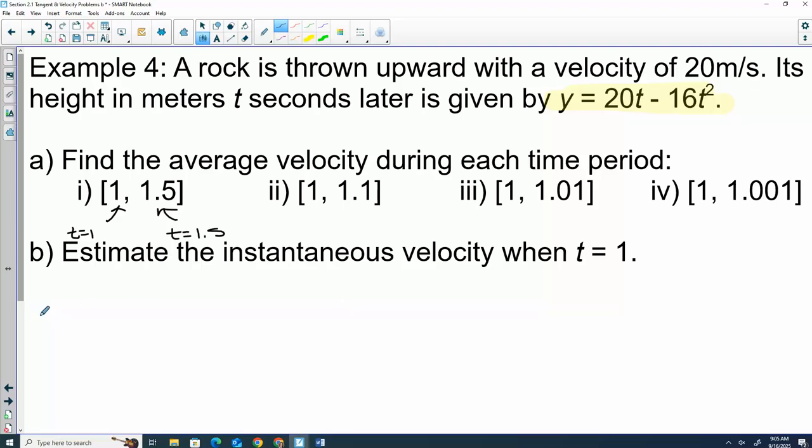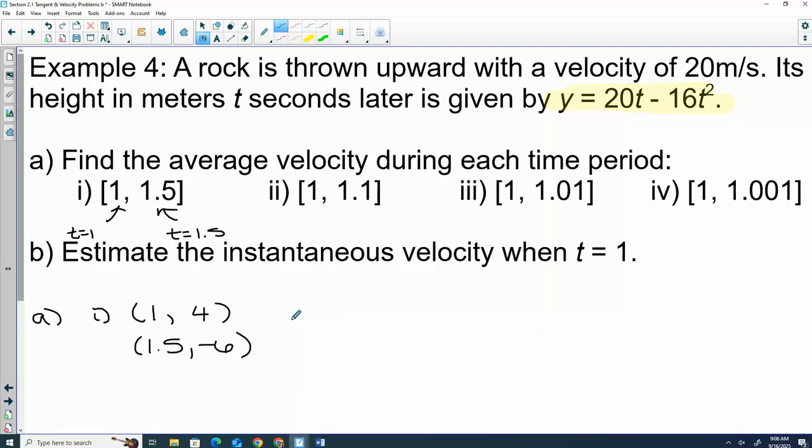So if I were going to do that, we would have to get ordered pairs. So if I plug in a 1 and a 1.5 to my equation. If I put in a 1, I get 20 minus 16, which is 4. If I put in a 1.5, we get negative 6.